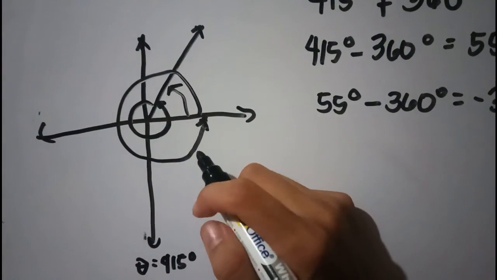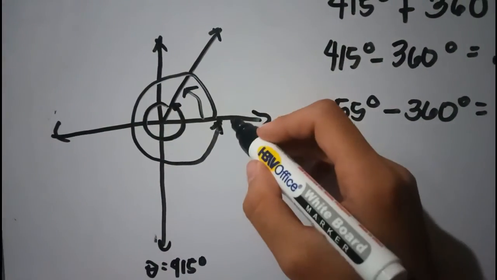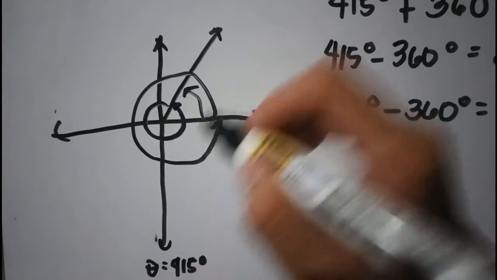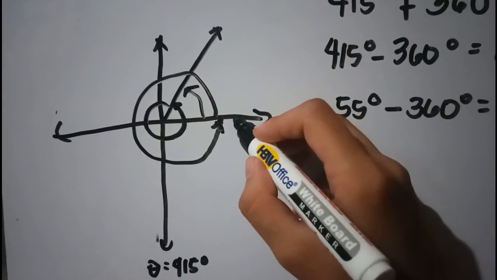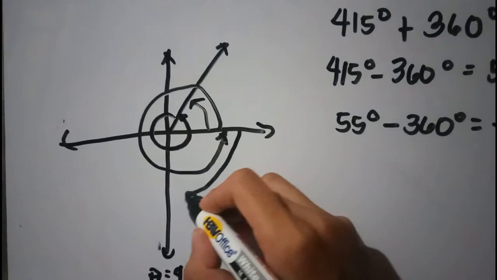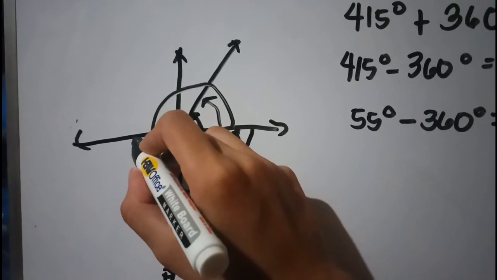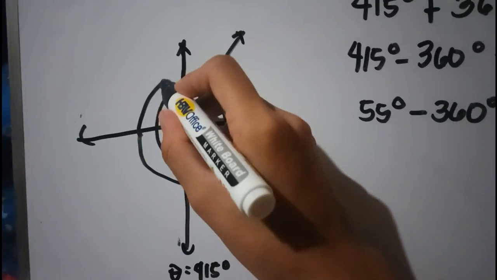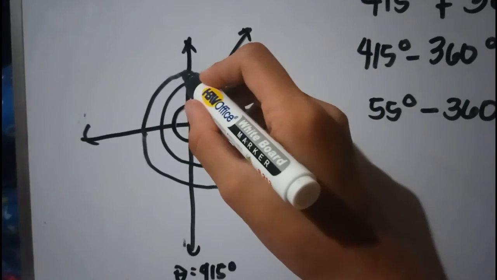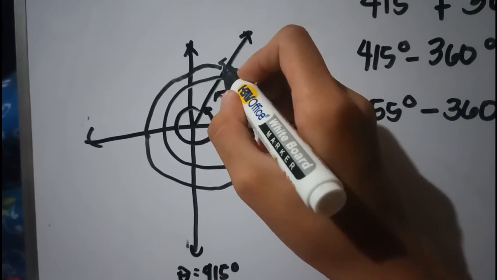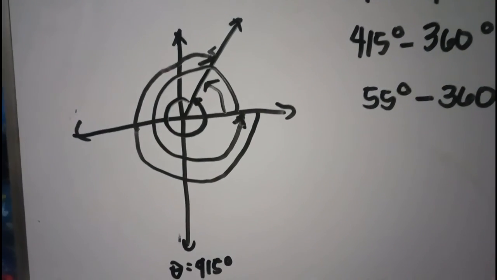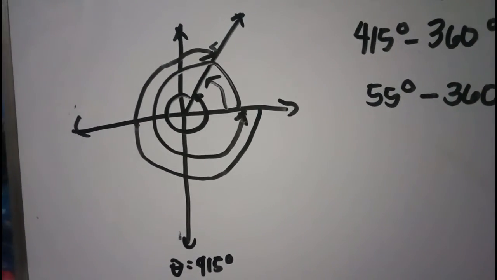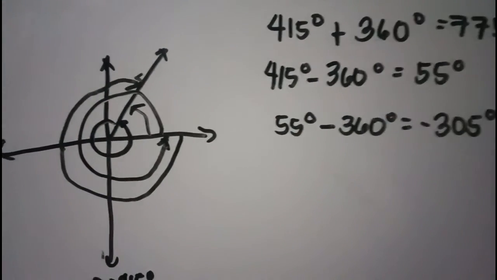Next is negative 305. So the direction is clockwise. From here, this is 180 to 270, and we have negative 305 degrees. That's all. Thank you.